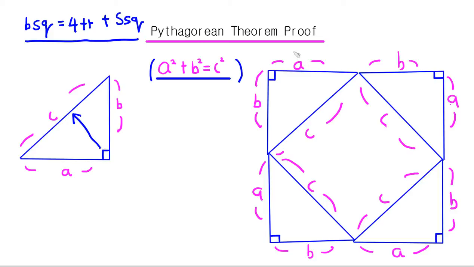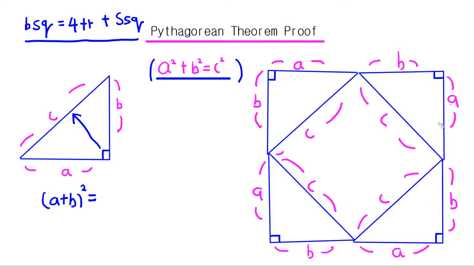Well, its side length is a plus b, so the area is a plus b times a plus b, which means (a plus b) squared. That should be equal to the area of the four triangles plus the small square.